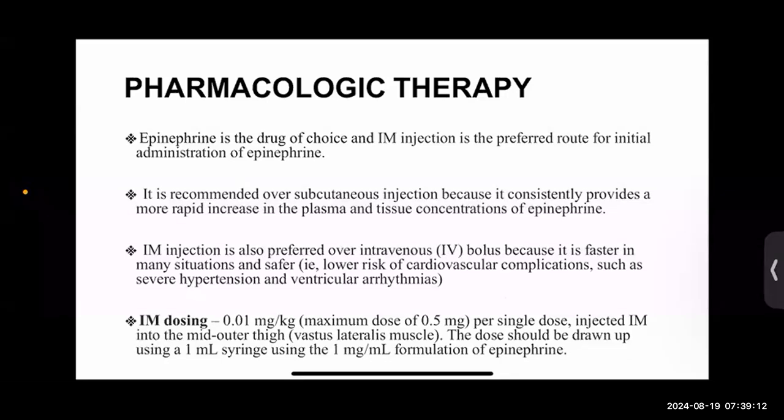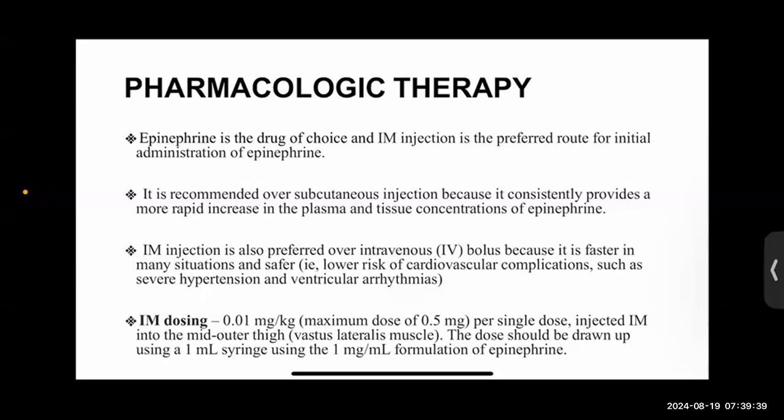This is pharmacologic therapy. For pharmacologic therapy, the preferred medication is epinephrine. IM dosing is usually 0.01 milligram per kg, and the maximum dose should not exceed 0.5 milligrams. The easiest way to calculate it is if someone is less than 50 kg, you use 0.3 milligram, and if the patient is more than 50 kg, you use 0.5.